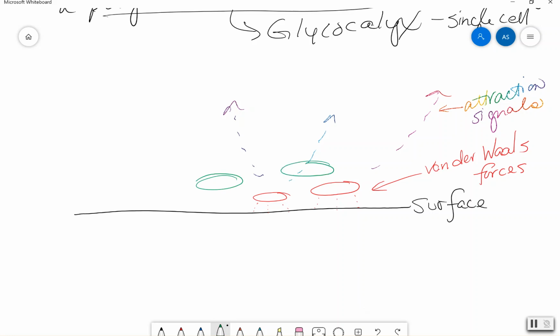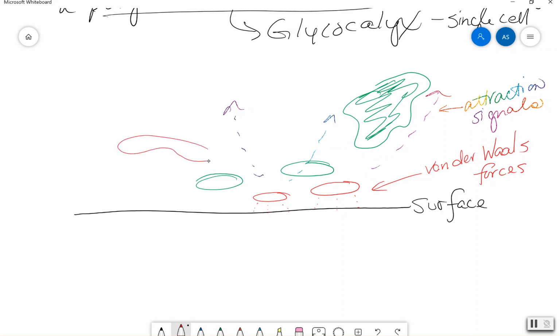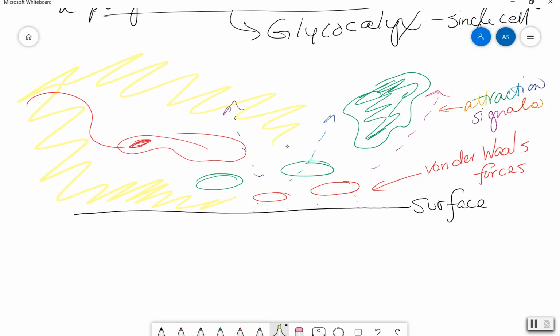Now these could be bacteria, or maybe we get some algae, which are quite large. We might get some prokaryotes. So we get some different types of microbes being attracted to this community, and they come in and they begin to attach. And then the bacteria begin to secrete the polysaccharide, which then surrounds the entire community and protects this community.